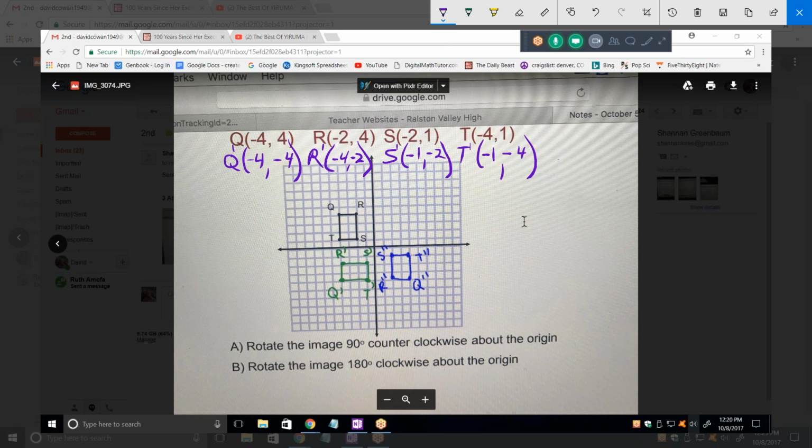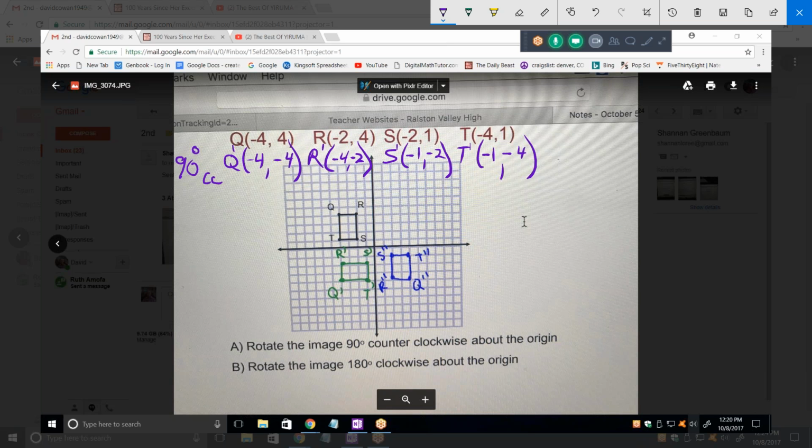You take the Y variable, which is 4, you change its sign, and that becomes the X variable. Then you take the X variable and you don't do anything to it, and you make that the Y variable. So this is a 90-degree counterclockwise rotation. And that's the way you always do it.